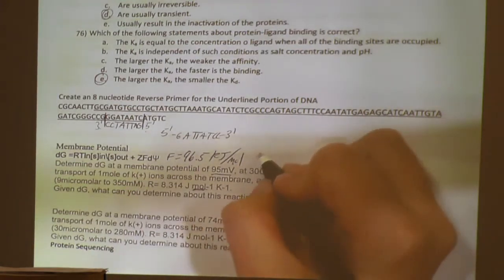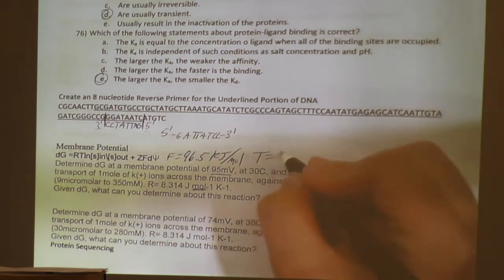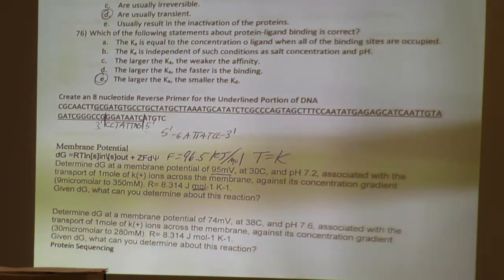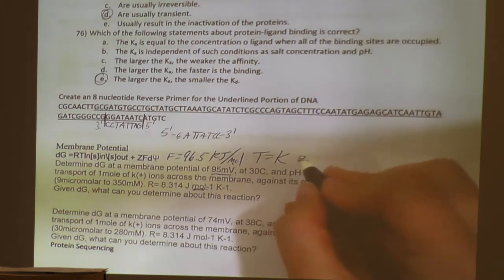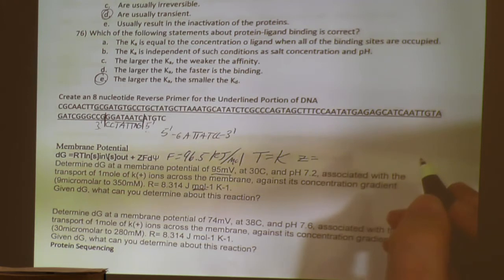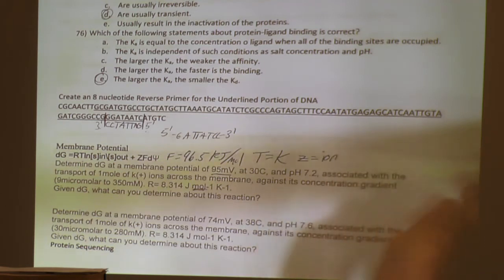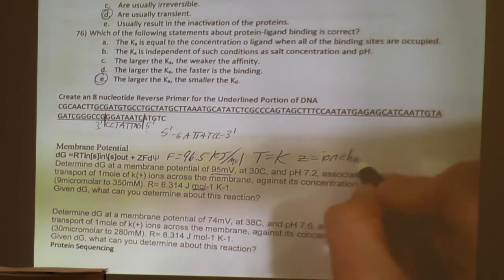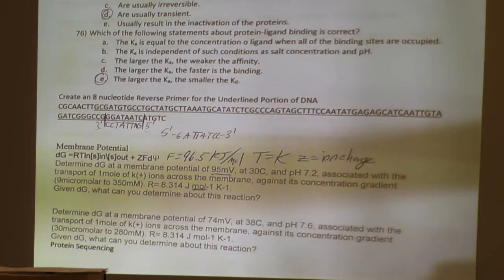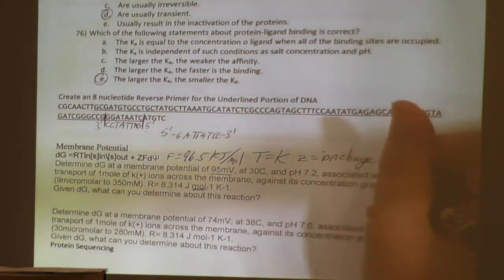So, what does T mean? What unit are we using for T? Kelvin? Okay, awesome. What is Z? Yeah, it's the ionic charge of the ion that you're trying to find. And then, does it have any units?